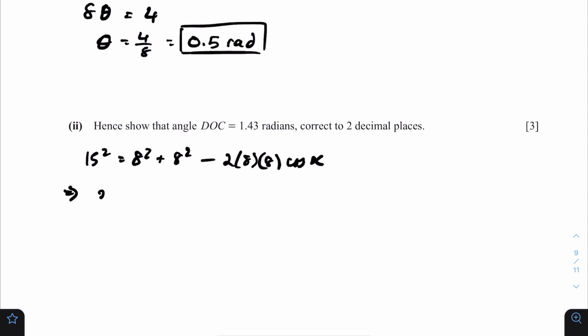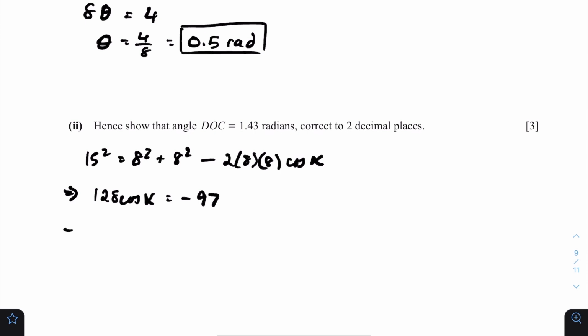So 2 times 8 times 8 is the same thing as 2 times 64, which is 128. So 128 cos alpha is equal to 128 minus 15 squared. 128 minus 225, since that's 15 squared, is equal to negative 97.